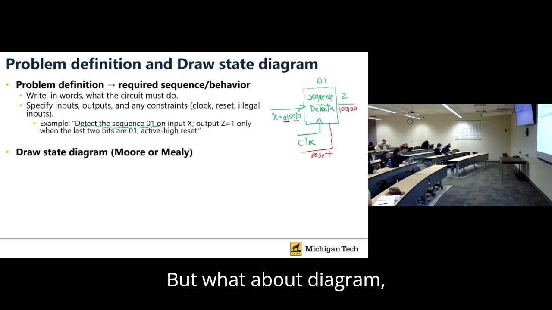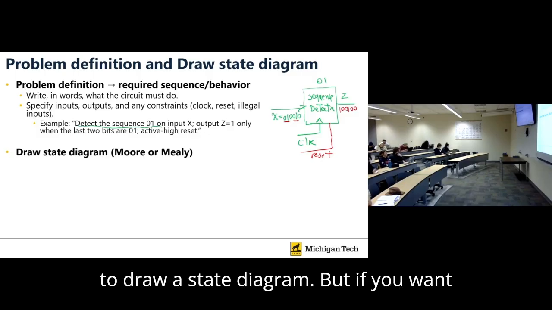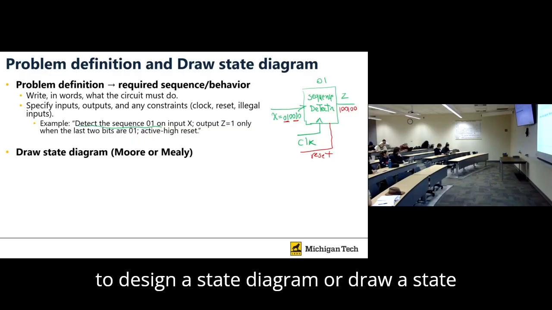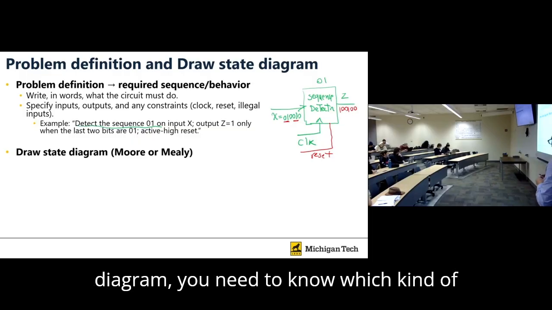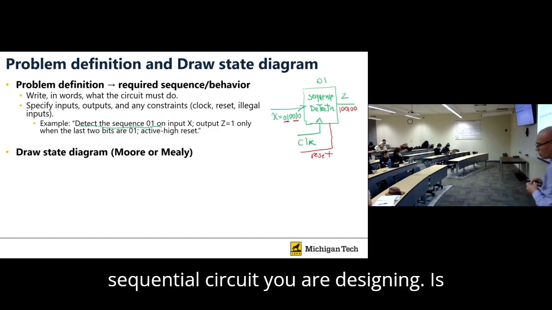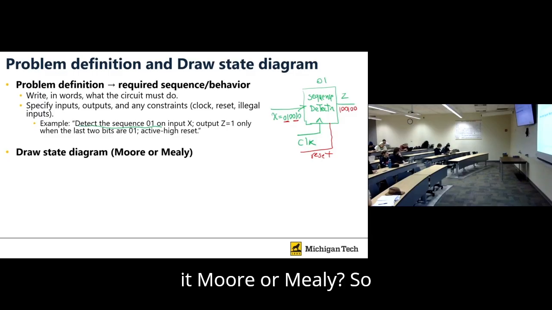But what about the state diagram? We need to draw a state diagram. If you want to design or draw a state diagram, you need to know which kind of sequential circuit you are designing. Is it a Moore or Mealy?